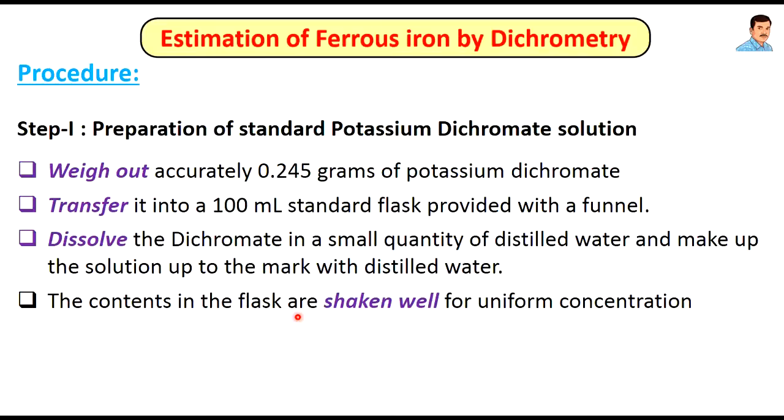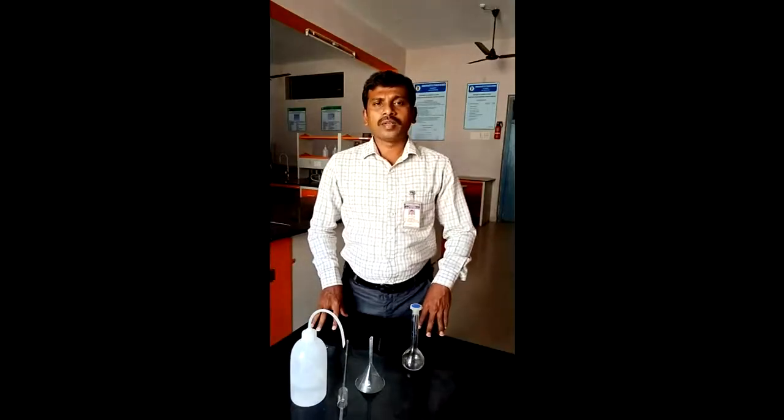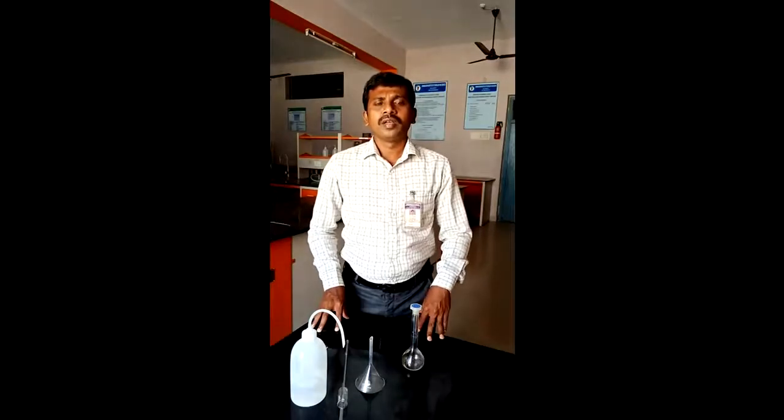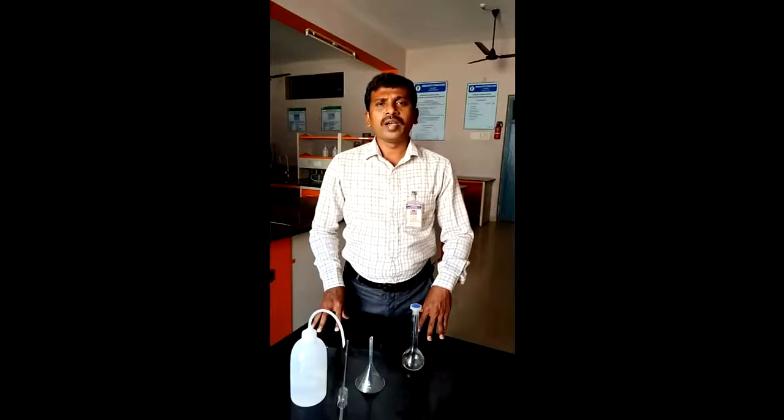Watch carefully. Step 1 is preparation of standard potassium dichromate solution. In this step, we prepare standard potassium dichromate solution. For preparation, we need a known weight of potassium dichromate, and then it has to be dissolved in a known volume of distilled water. Now, I will show you how to weigh the potassium dichromate.